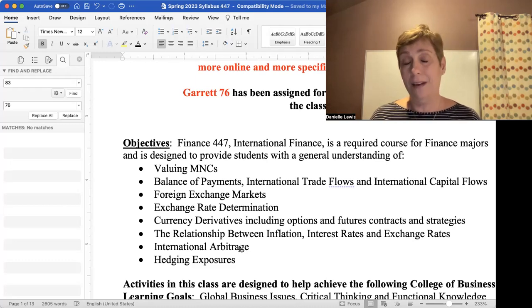That means that we allow markets, supply and demand, to determine our exchange rates between other countries. Not all countries are free-floating. Some are fixed to another currency. Others are pegged. So there's a spectrum of different ways in which exchange rates are determined.